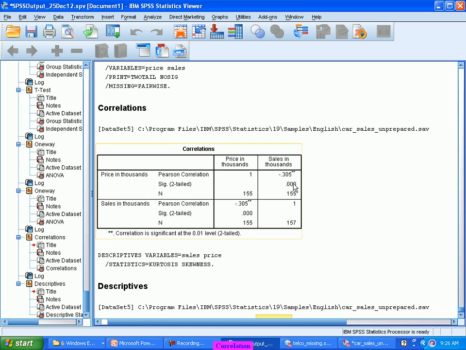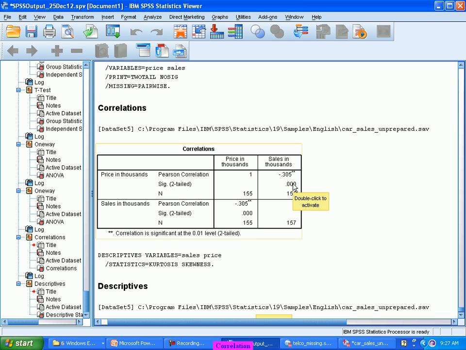But if this significance level is greater than 0.05, I say there is no correlation, irrespective of whatever number is shown in the correlation here. I will go with the null hypothesis, saying correlation equals 0. Calculation-wise, I may still get minus 0.2 or something here, but it is as good as 0. So that's where we first look at the significance level.